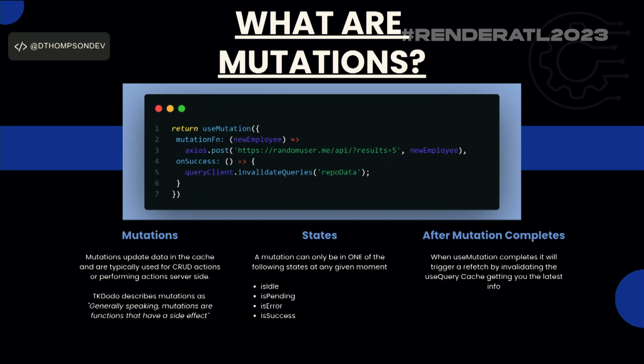And because of that, when useMutation completes, it will trigger a refetch by invalidating the useQuery cache and getting you the latest information. So again, as we see in this useMutation, there's not a lot that you have to do to make this happen. We're talking literally 5 lines of code. Our return is a useMutation. We have our mutation function.